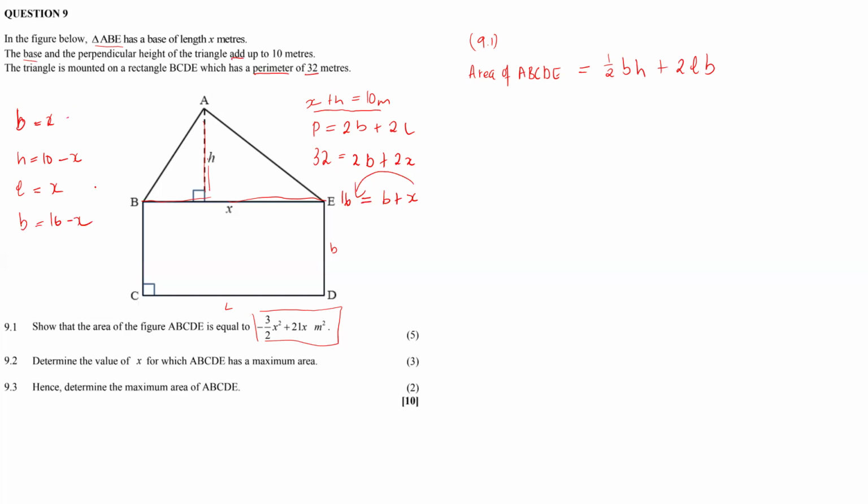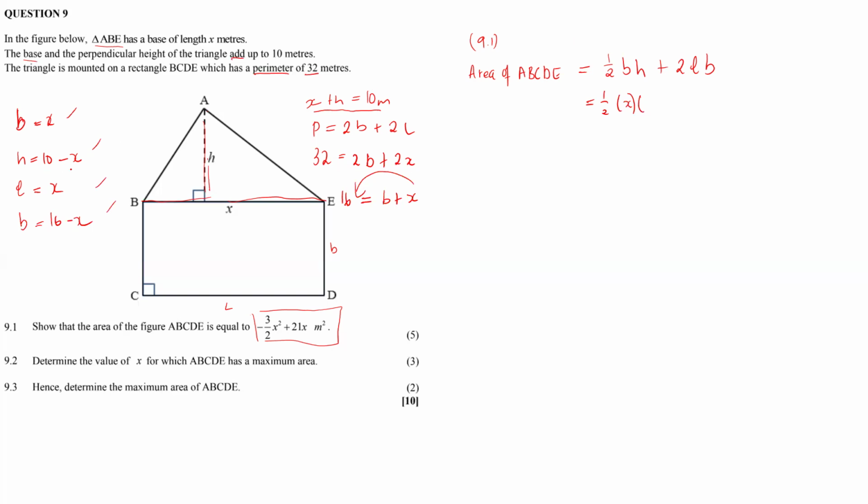So I'm sorted for all of these in terms of x. Now let's go substitute. So now we have 1 over 2 times our base for the triangle, which we said is going to be x. And then our height for this triangle, remember, we got it from this equation.